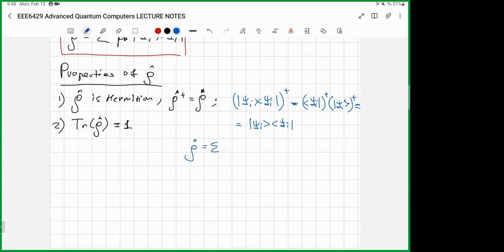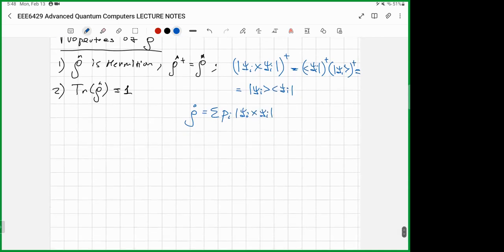It is a sum over i of p_i |psi_i><psi_i|, like this, right? So now let's find the trace of this operator. Finding the trace of the operator means that we have to transform this operator into the matrix representation.